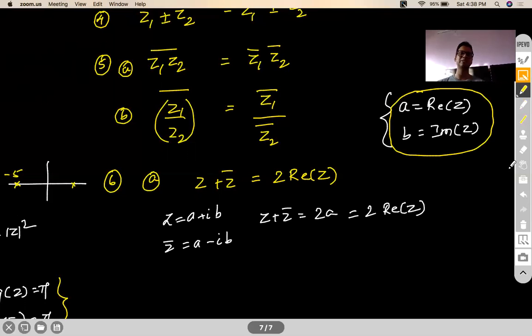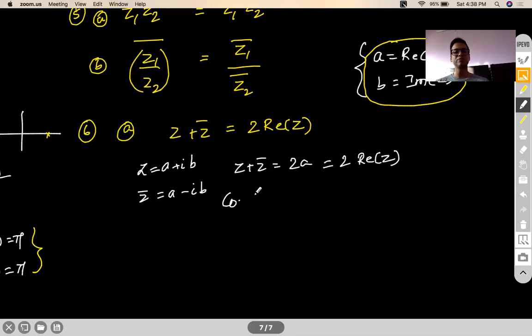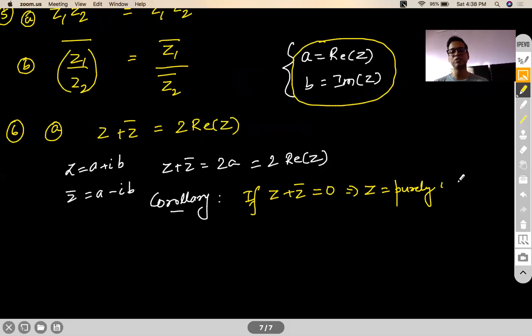Okay, please recall this. So a corollary of this is, if Z plus Z conjugate is 0, it implies Z is a purely imaginary complex number.